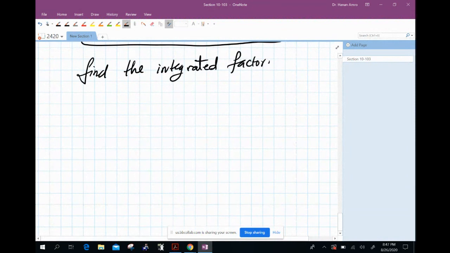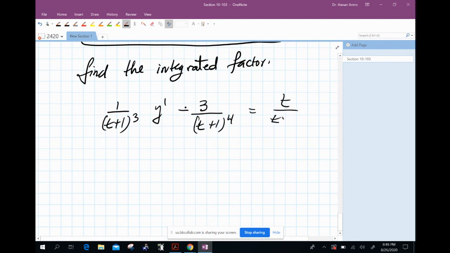Okay, so if I want to find the integrating factor, let's see, the problem is 1 over t plus 1 cubed times y prime plus minus 3 divided by t plus 1 to the fourth power, and that's equal t divided by t plus 1 to the fourth power.